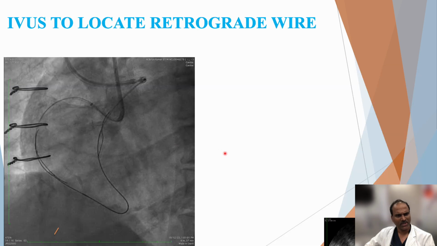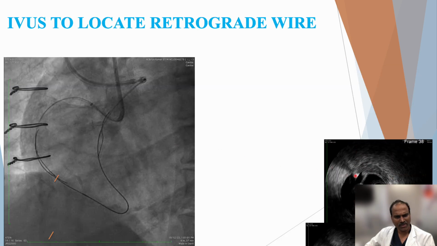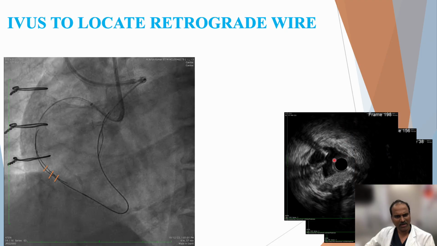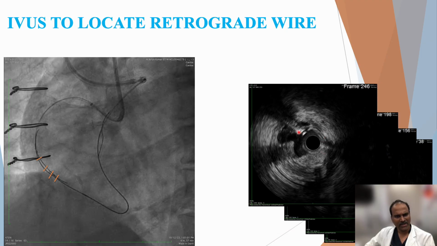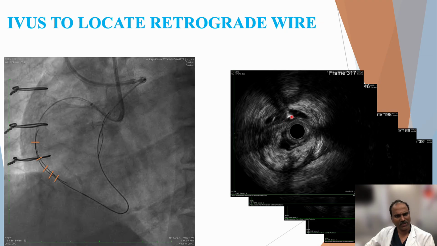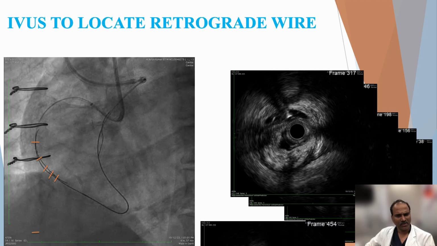In frames, you can see here it is subintimal, the retrograde wire is subintimal, and it came to intima, and again when I came proximally it went to subintimal. So that's what happens: it comes to intima and then goes to subintima. So what we can do is, where the wire is in intima, you take your guide extension there, take a polymer jacketed wire from retrograde, bring your retrograde microcatheter here, and then externalize.